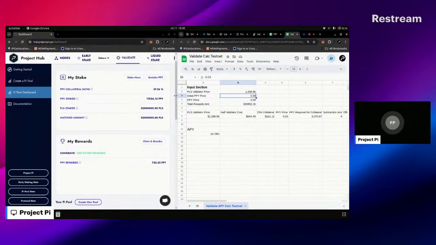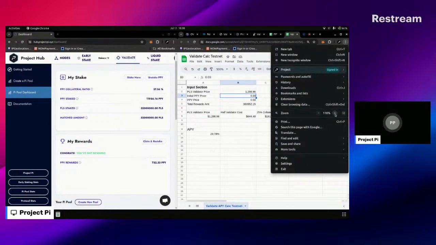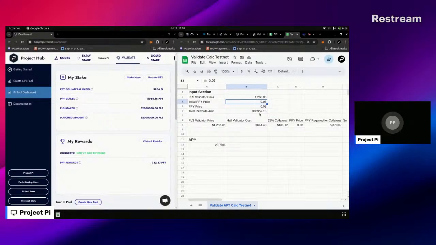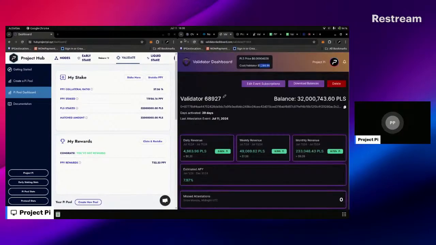Let me make sure that you can see everything, and it does look like you can. If anything, I can also zoom in a little bit more. So first things first, let me make sure I grab the correct Pulse validator price, because that's always going to be important. Shout out to Validator Dashboard if they're watching.